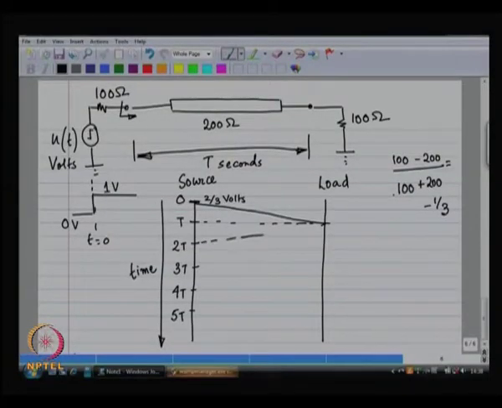Do not be surprised with negative numbers. So, what is going to happen is, this 2/3 volts wave is going to hit the load, and minus 1 by 3 is going to be reflected back from the load. So, a wave of value minus 1 by 3 is reflected back from the load.